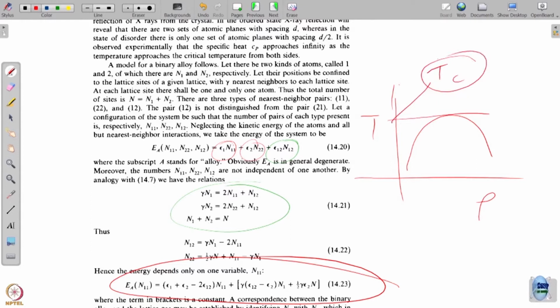Now, if I do that with the mole fraction x of one species, it is exactly the same graph, the same as when I plot magnetization against temperature, because I already told you density is like magnetization.